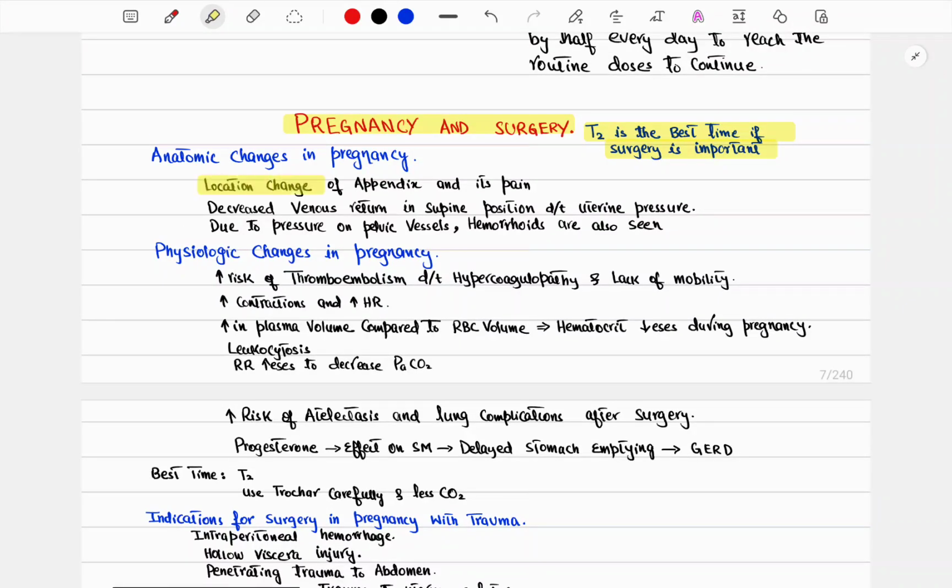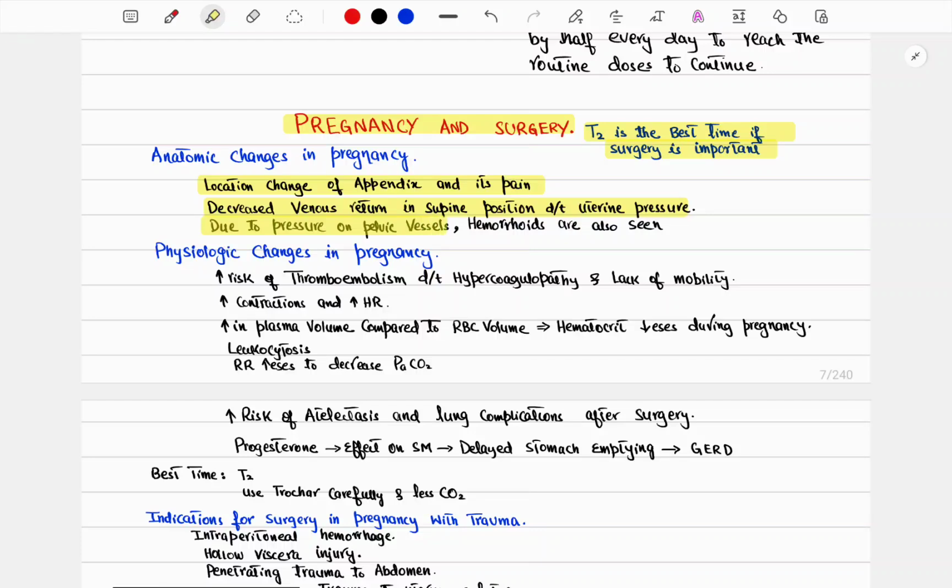There is a location change of the appendix, and pain due to the increased size of the uterus. There is also decreased venous return in supine position because the uterus sits above the inferior vena cava, so venous return decreases if the pregnant woman lies in a supine position.